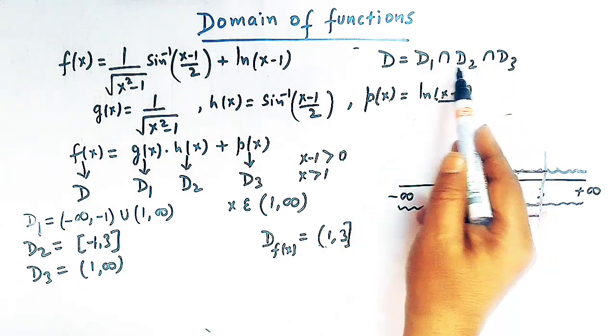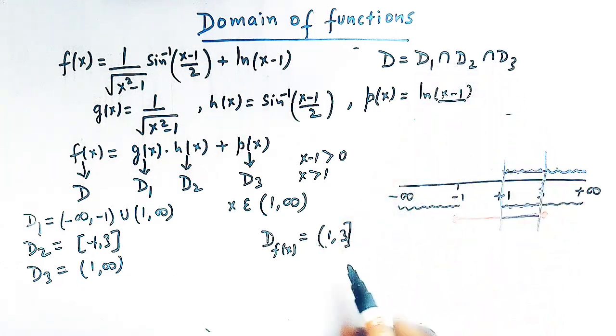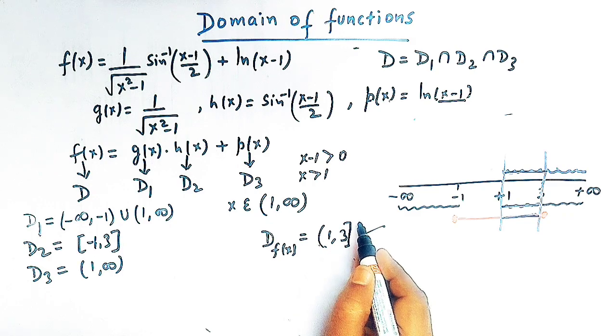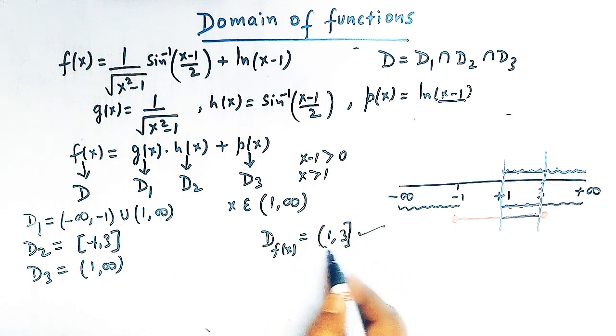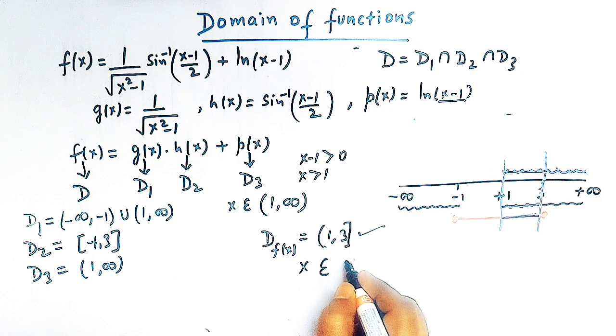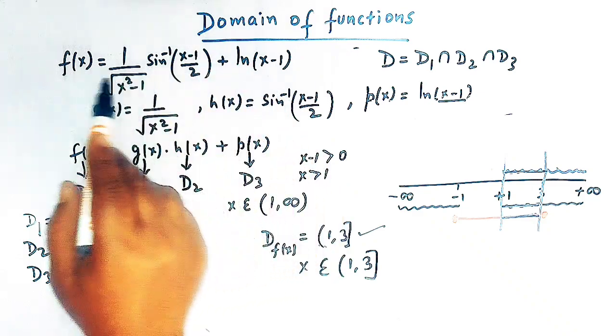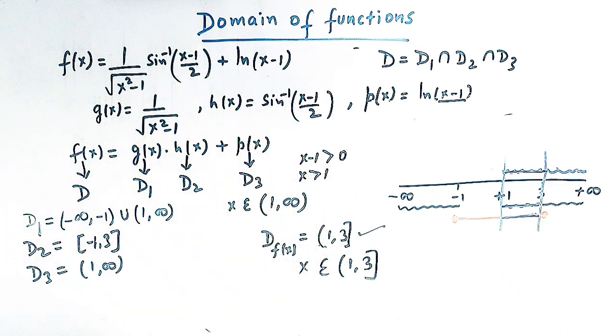So the intersection of these three domains is given by this interval, from 1 to 3, and all the values of x which belong to this interval satisfy or define the function f of x.